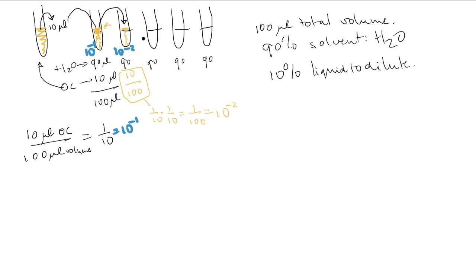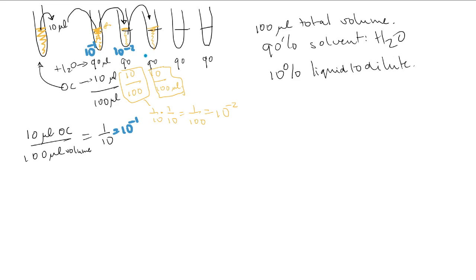Then we keep going. Why stop there? Now we take 10 microliters of this tube and move it into that one, again for 100 microliters in total. So this again is a 1 in 10 dilution of the 10 to the negative 2.